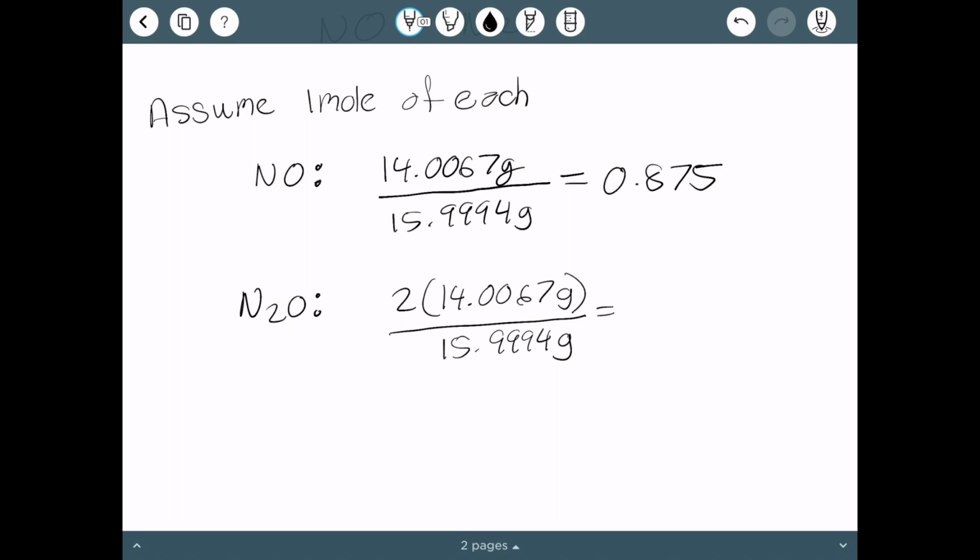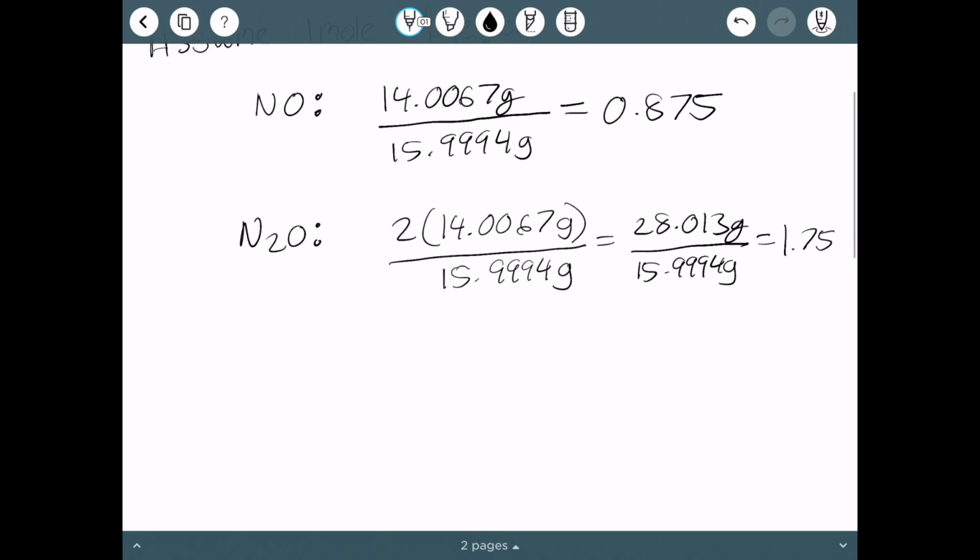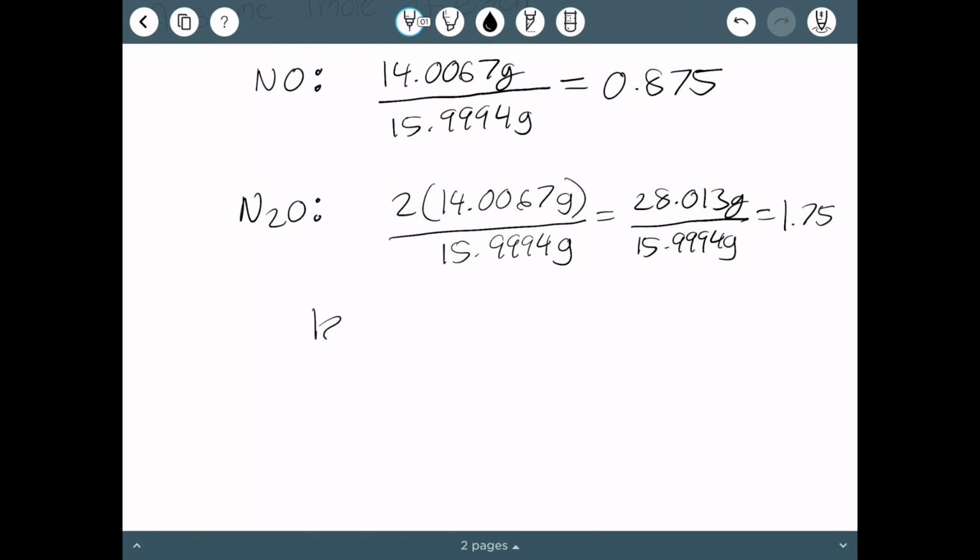So we get 28.013 grams, divided by 15.9994 grams, which equals 1.75.